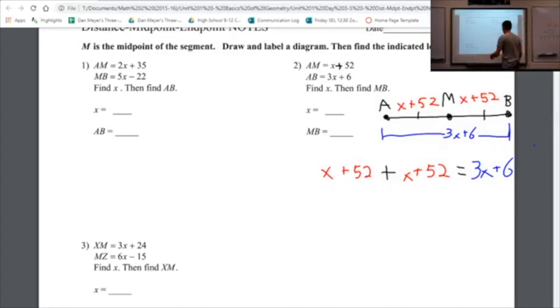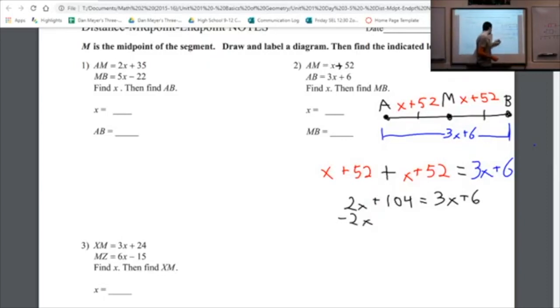And now let's solve. I'm going to go a little bit quicker. If you need to pause and go back, then pause and go back. x and x is 2x plus 52 and 52 is 104. So remember, put the parts together on the same side, the terms that can go together. We're not moving anything around yet. 3x plus 6 is going to still be 3x plus 6. Now we're going to bring things so that x is on the same side.